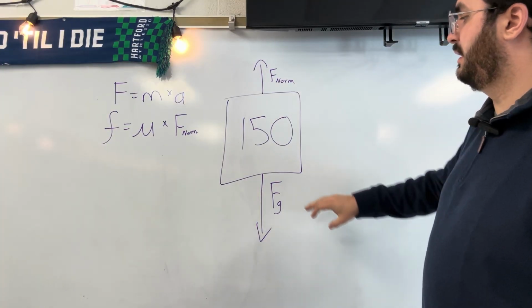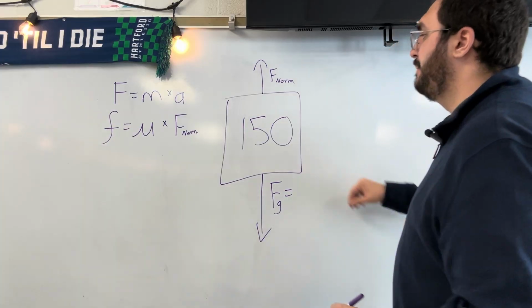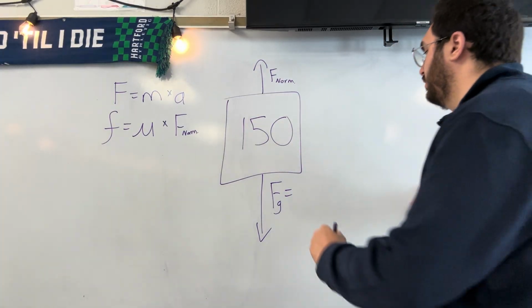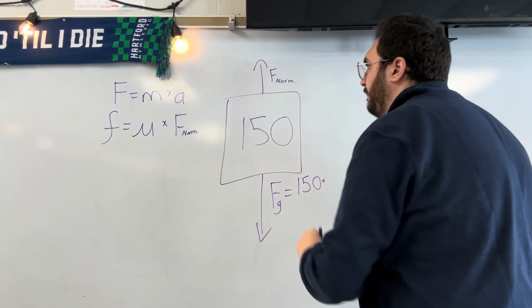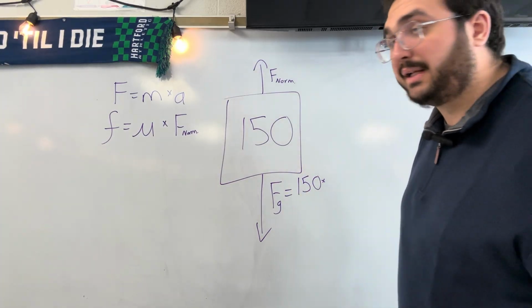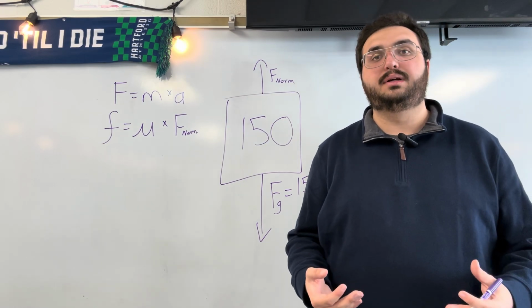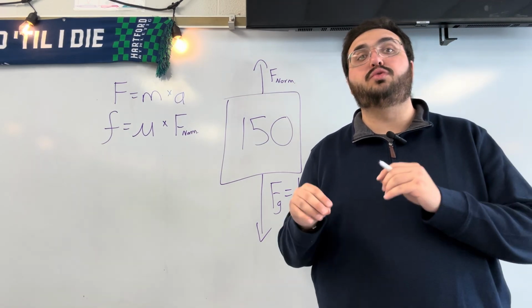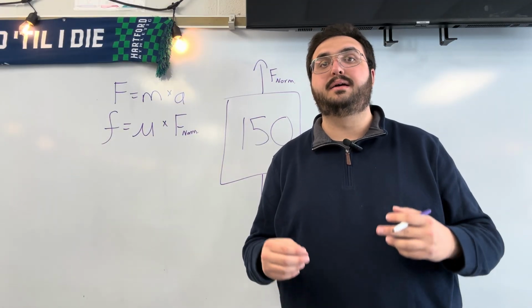Now, in order to calculate the force of gravity, all we have to do is take the mass of the couch, which is 150, multiplied by the acceleration due to gravity. Gravity, as a reminder, or weight in general, is the force due to gravity. How much an object weighs in newtons is determined by gravity.